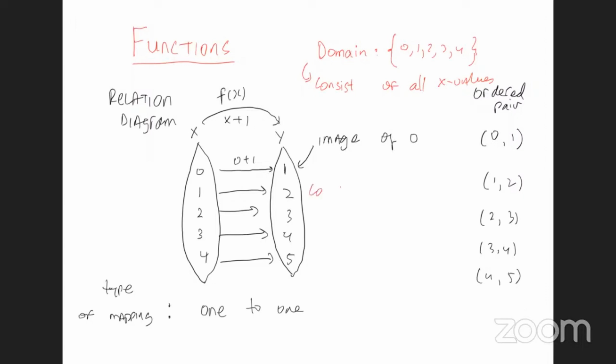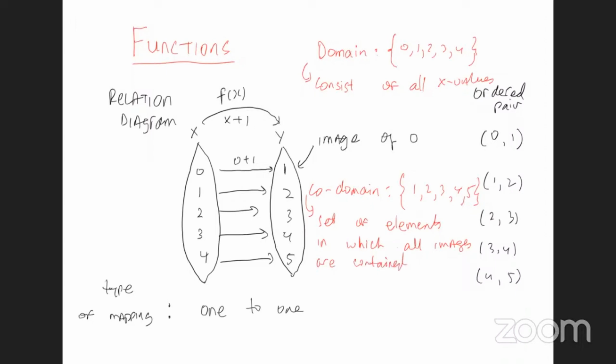Next, the codomain. In this case it is 1, 2, 3, 4, 5. What's the codomain? The codomain is the set of elements in which all the images are contained.